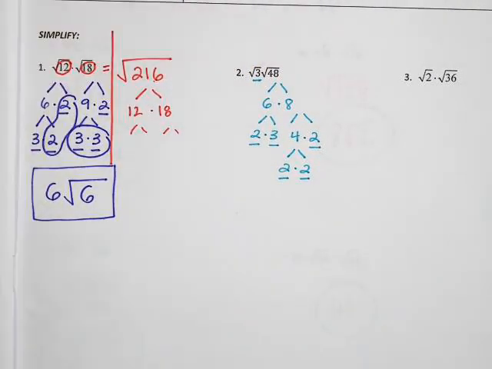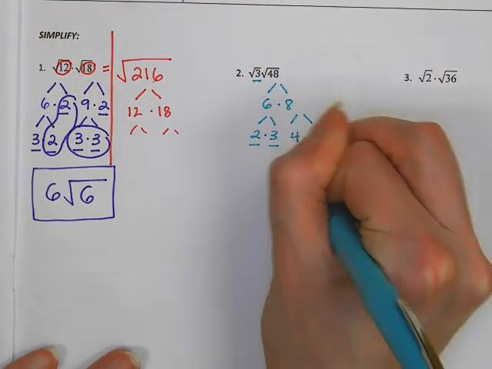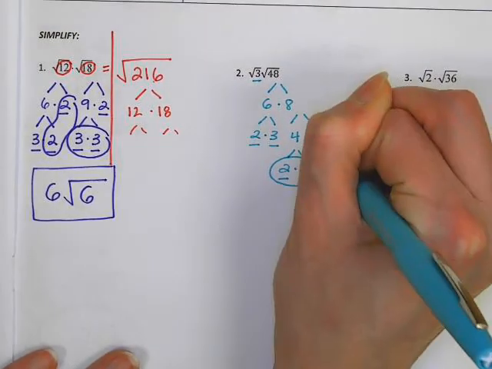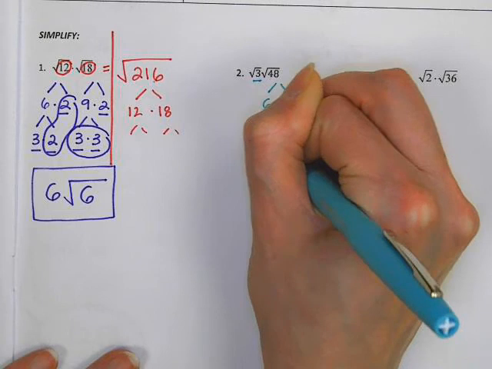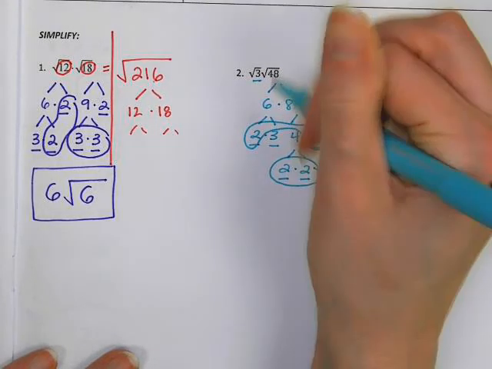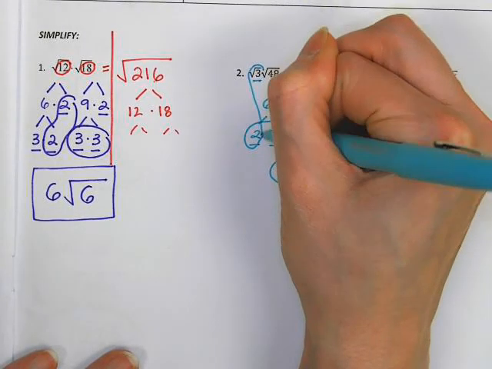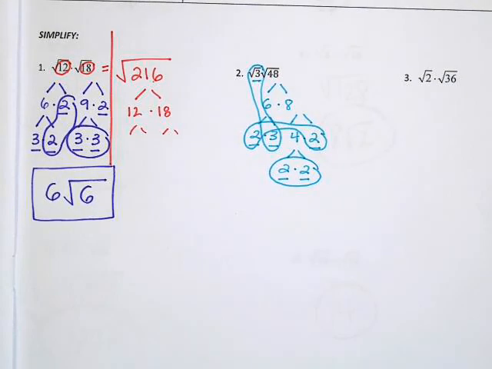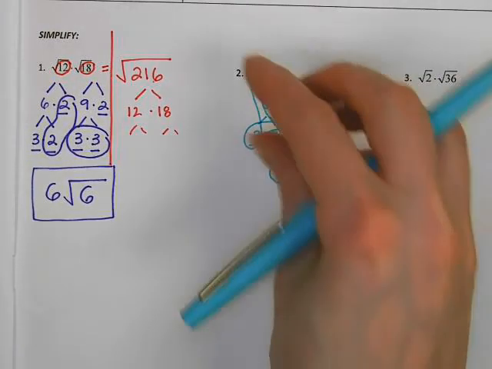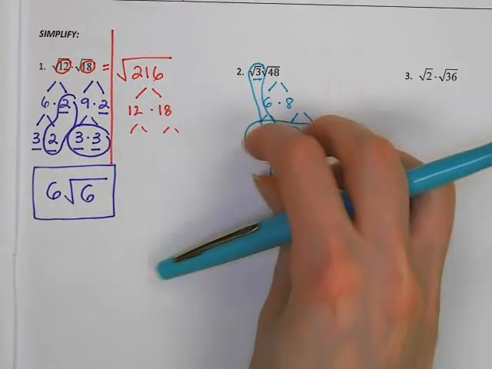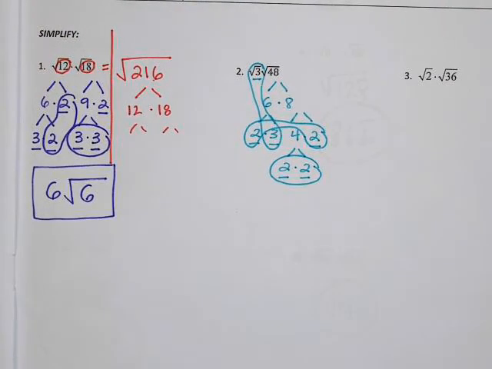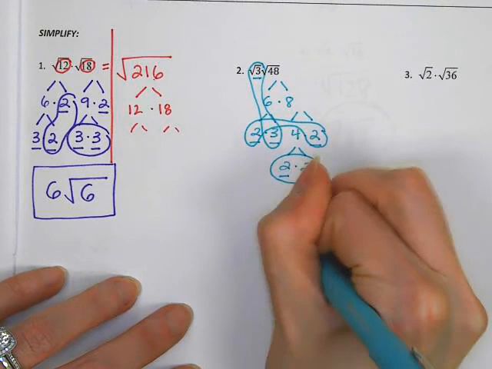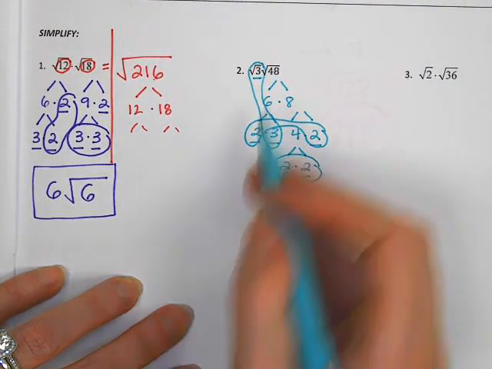Okay, so when we're circling our doubles, I see a pair of 2s, I see another pair of 2s, but look, we also have a pair of 3s. That counts. So what do we take out? 3 times 2 times 2 is 12. And I don't think there's anything left, right?